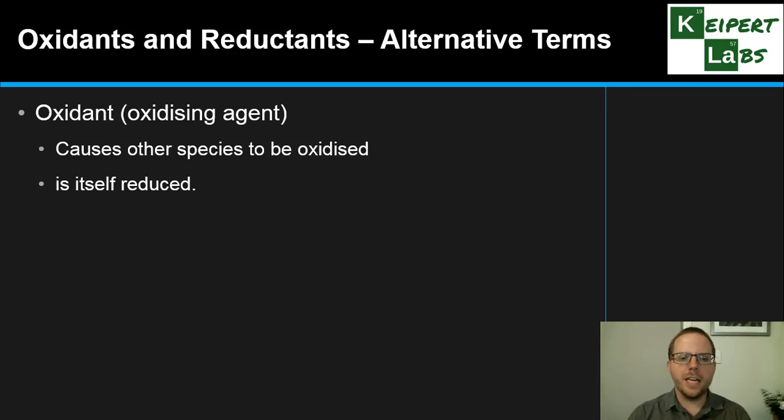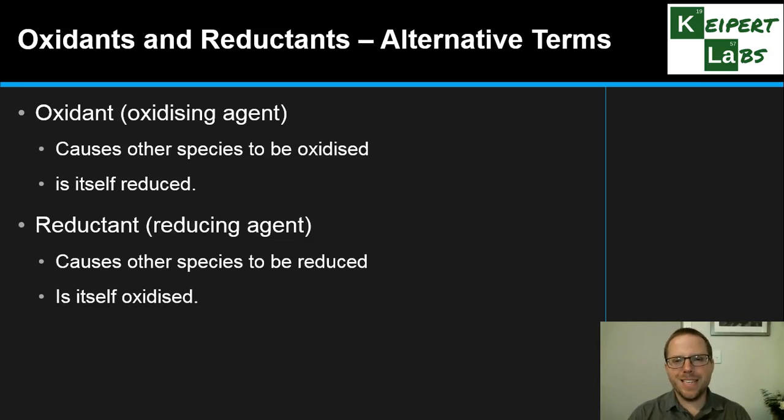So an oxidant is itself reduced, but is an agent of oxidation in something else. And so depending on our situation, that might be what's most relevant, that it causes oxidation. Okay, and likewise a reductant, or a reducing agent, causes something else to be reduced and is therefore itself oxidized. Okay, so we use these labels because, depending on the context, they are quite relevant. You need to be familiar with the terminology and the fact that it seems a little bit back to front, that the reductant is actually the thing that's being oxidized, but it's a perspective thing, or a frame of reference thing, perhaps for the physicists out there.